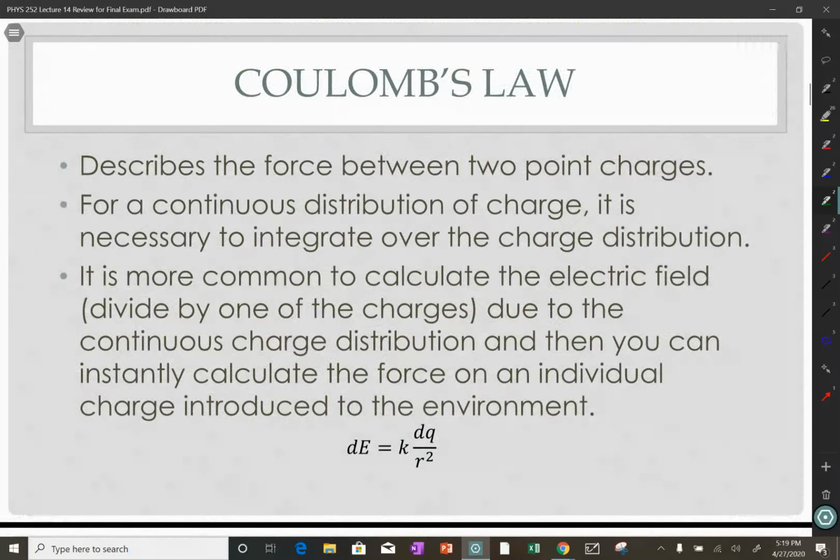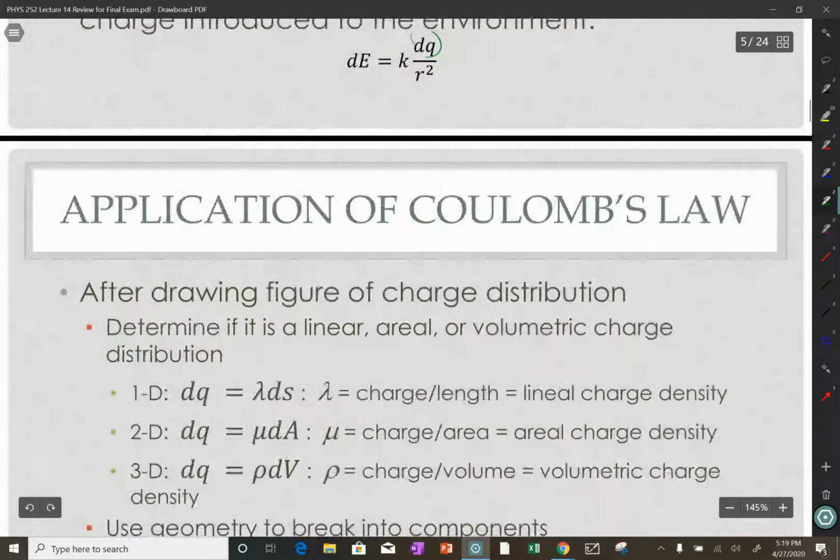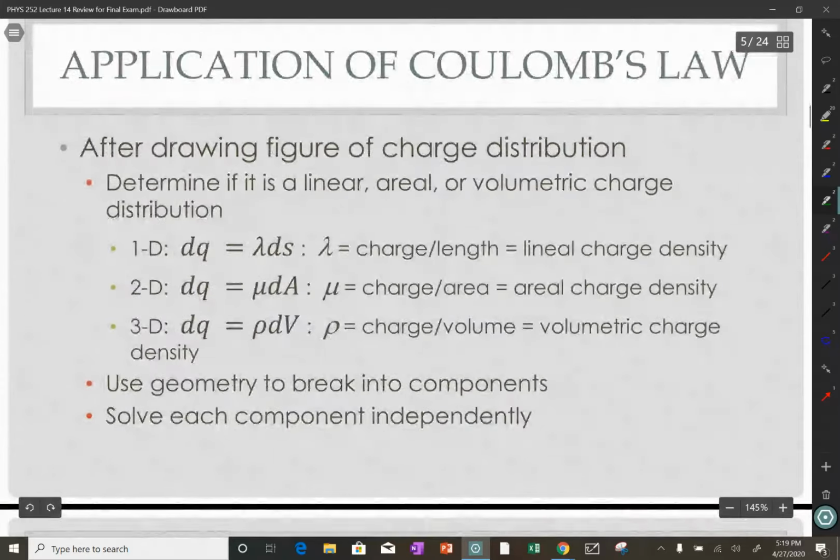Coulomb's law describes the force between 2 point charges, but if you have a continuous distribution, that's why you have this dq and you have to integrate to add them all up. In your process, make sure you draw a figure. If you have a one-dimensional, that is a linear charge distribution, then dq is lambda ds, where lambda is the charge per unit length. Lambda doesn't have to be a constant.